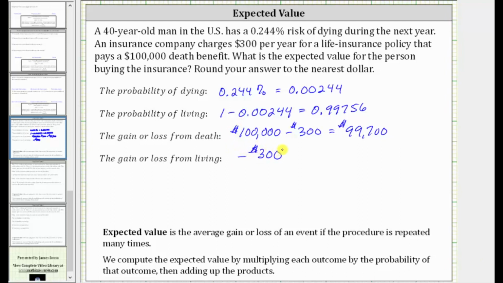And now we have the information we need to calculate the expected value. To determine the expected value, we multiply each outcome by the probability of that outcome and then sum the products. So one outcome is the gain of $99,700.